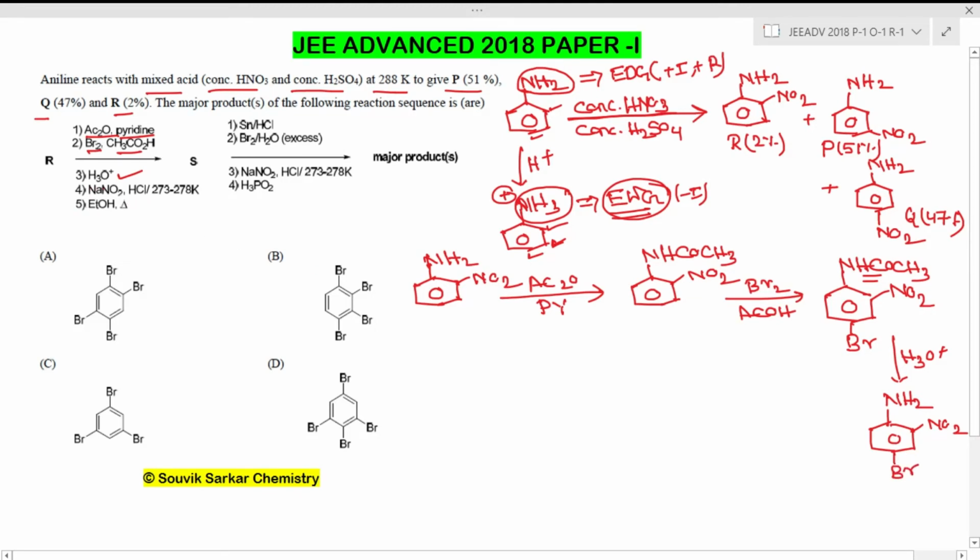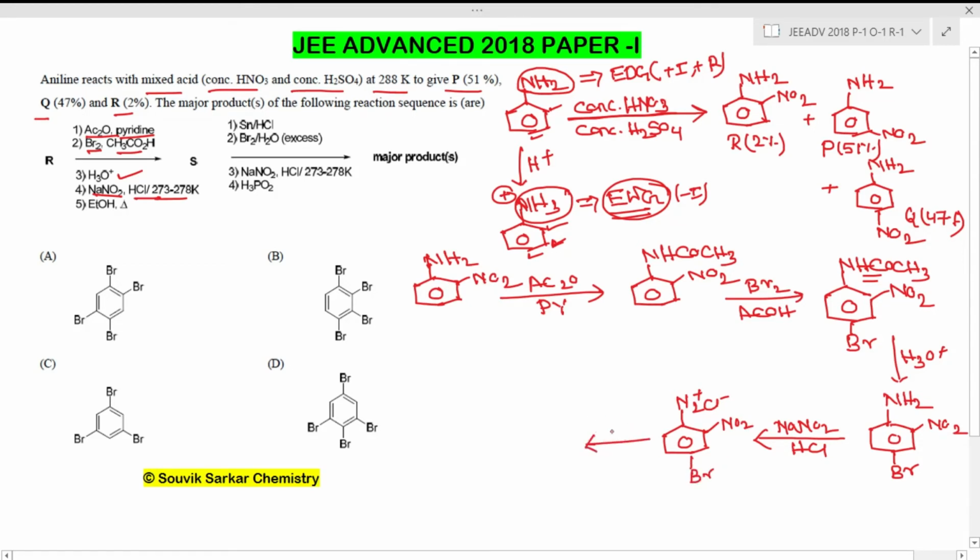The next step, it is reacting with NaNO2 HCl at 273 Kelvin. So it is a common reaction. This is for generation of diazonium salt. It will form here N2+ Cl-, NO2 and bromine.